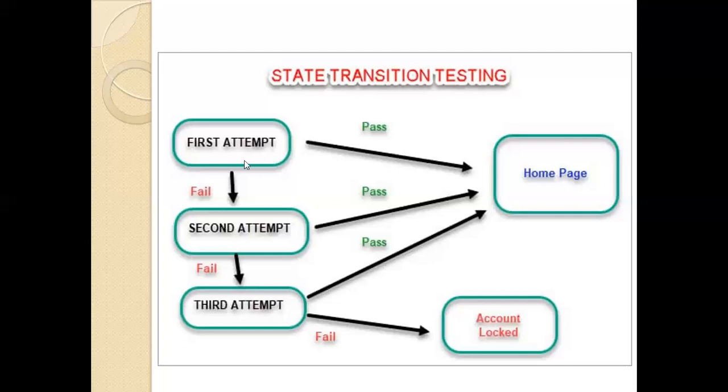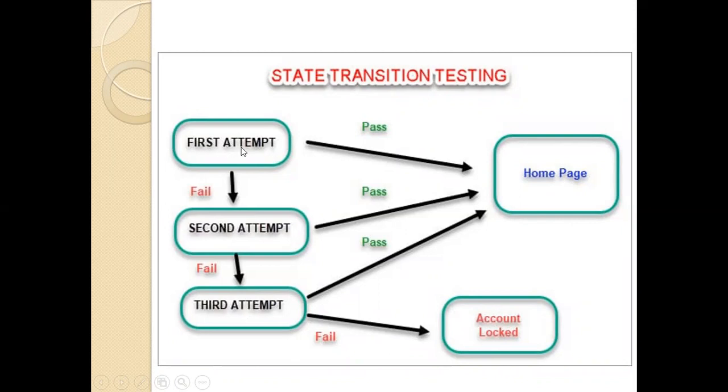If you are trying the first attempt, and you enter the password and it fails, it will go to the second attempt. If it fails again, it will go to the third attempt. And if it fails again, your account will be locked.